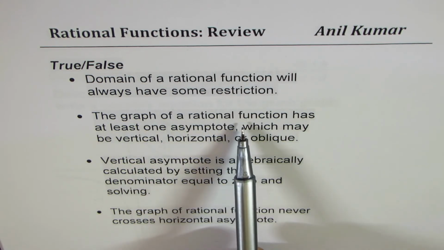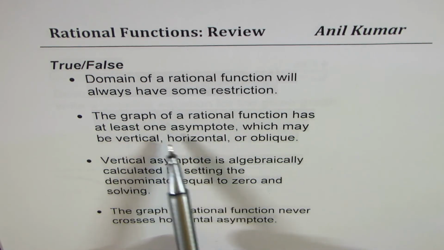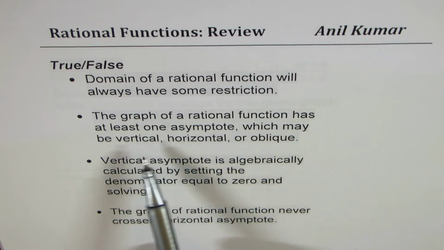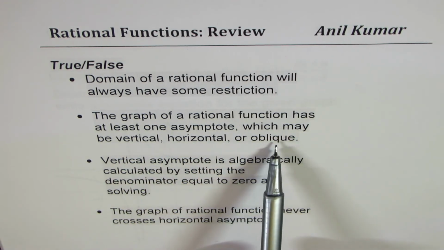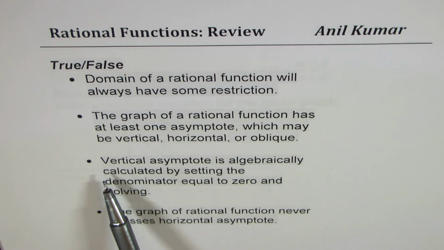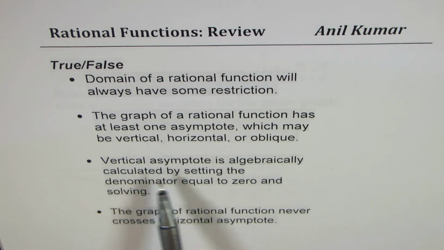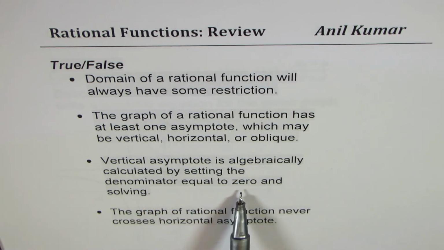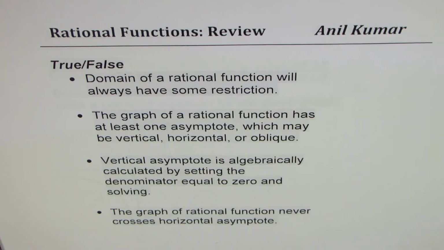The graph of a rational function has at least one asymptote, which may be vertical, horizontal, or oblique. 3. A vertical asymptote is algebraically calculated by setting the denominator equal to 0 and solving. 4. The graph of a rational function never crosses a horizontal asymptote. So these are 4 questions for you. Write down your answers and explain, reason it out.